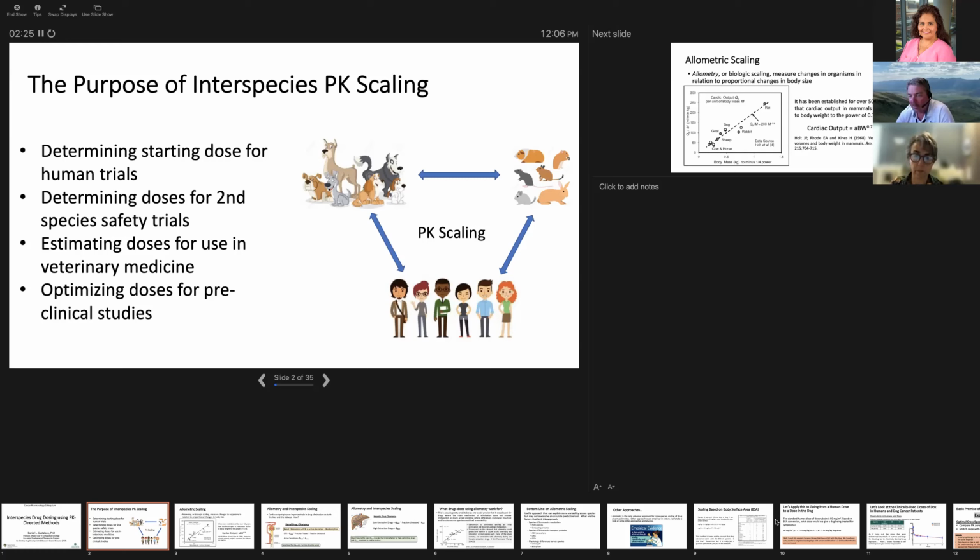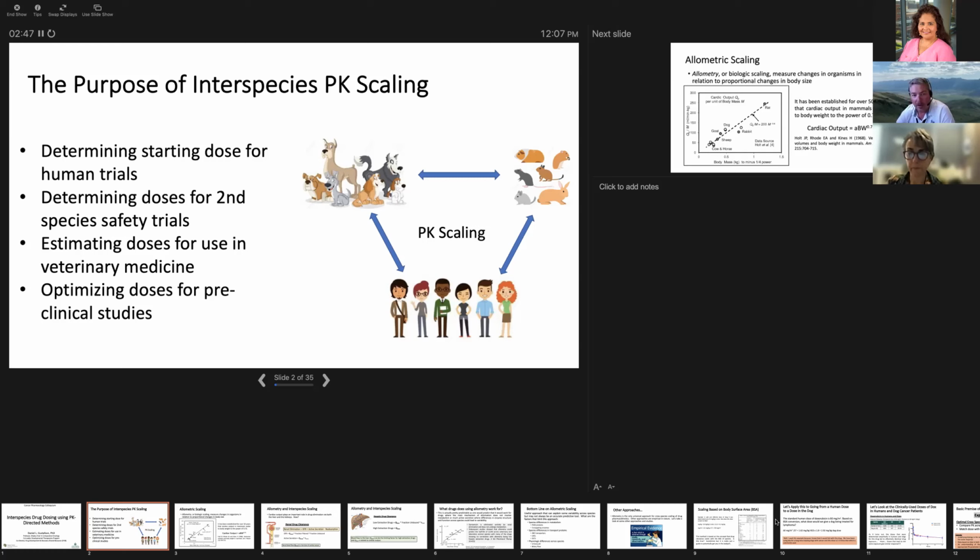And the reality, and I'll show some data, is that if you use good dosing in your preclinical species, you can get data that is much more reflective of what you're going to see in humans. So it's a way to optimize your preclinical studies, so you're not just giving mice doses that are completely irrelevant to what we know we can get in people.